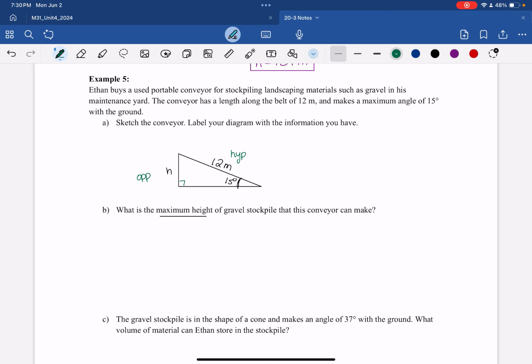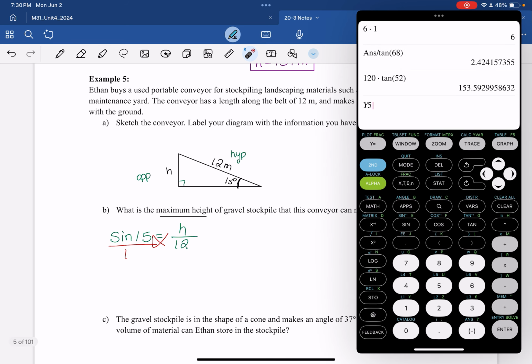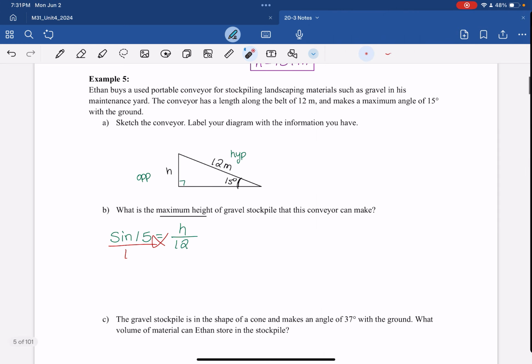So opposite and hypotenuse, I can use sine to figure out what that opposite is. I'm going to take 12 times sine of 15 divided by 1. So the maximum height is going to be 3.1 meters.